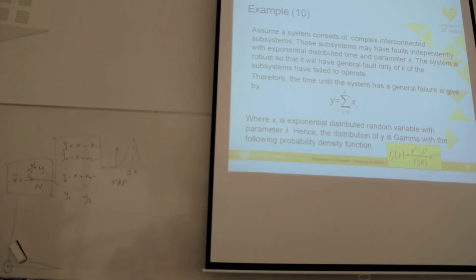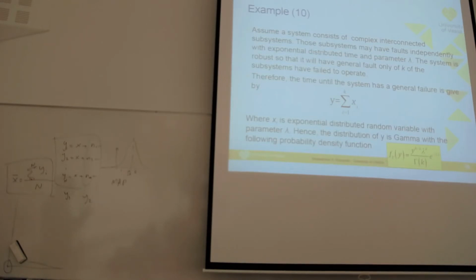Okay. Another example, but I will not go through it, just to give you the concept of the example. If you have a big system, and this system will fail if k of the subsystems fail. This is well known in reliability engineering. So we have redundancy in the system in the way that if some of the subsystems fail, the whole system will continue working or functioning.